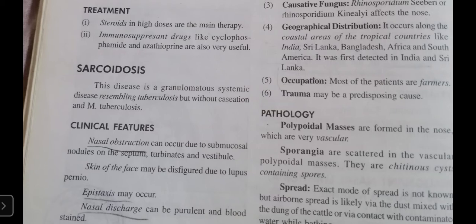So you understood the pathology. What happens in pathology? There will be polypoidal mass that is formed. Polyp-like masses are formed in the nose. They are very vascular, and there will be sporangia that is scattered in the mass. What is sporangia?